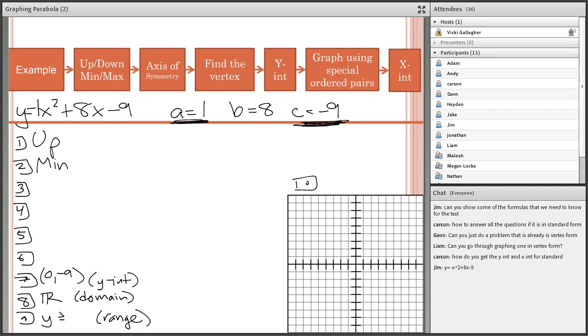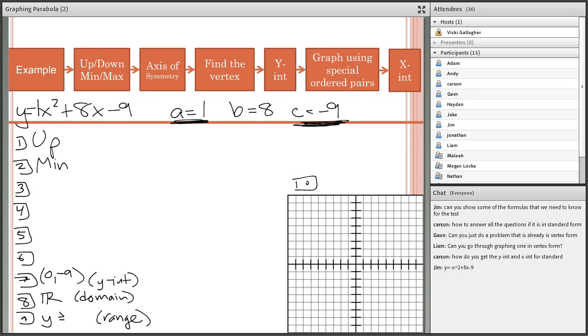This is all the information that I can fill out just by looking at the equation. So notice I've not done any actual math yet. All I've done is looked at the equation. I looked at my positive a, and I looked at my c value for my y-intercept.